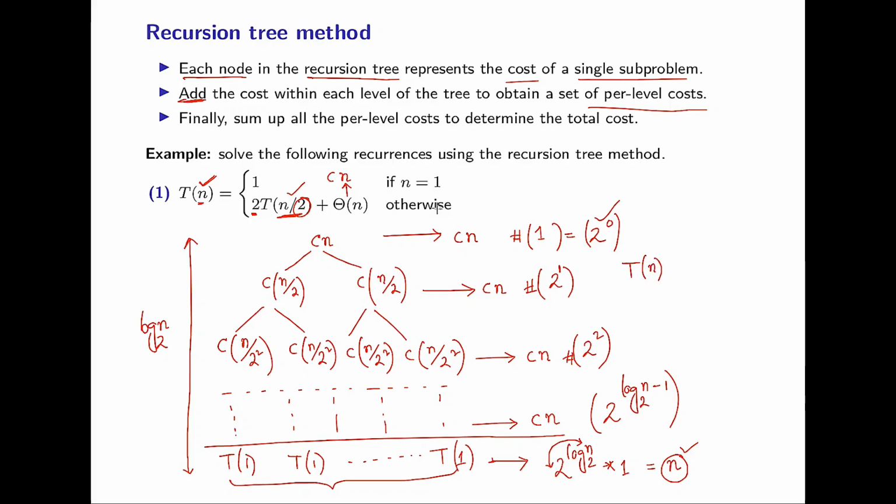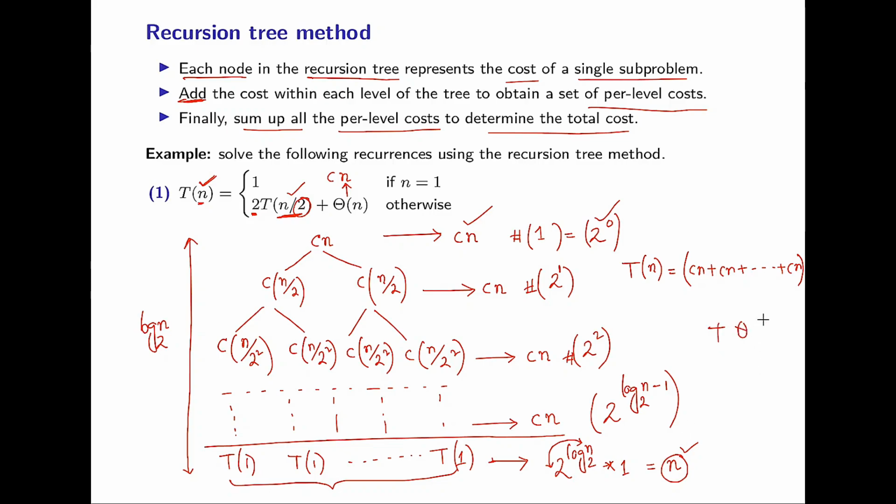Here it is said to sum up all the per level costs to determine the total cost. So Tn equals per level cost, which is what? Here it is Cn. So in all the levels it is Cn except the last one. So Cn plus Cn, like that it will go, Cn plus Cn plus dot dot plus Cn, and then we'll add the cost of the last level.